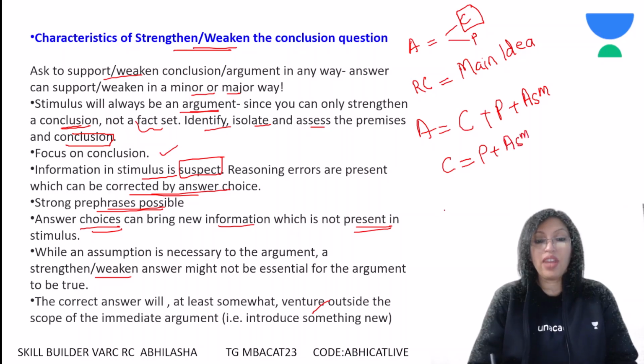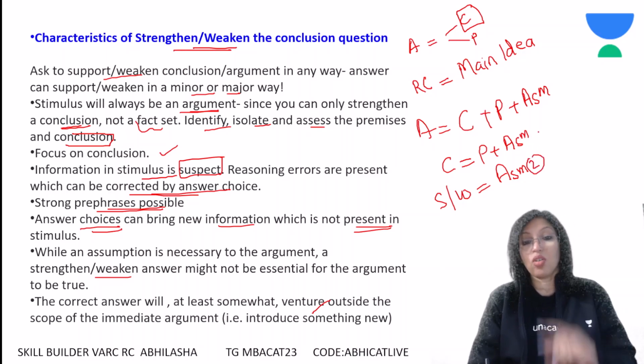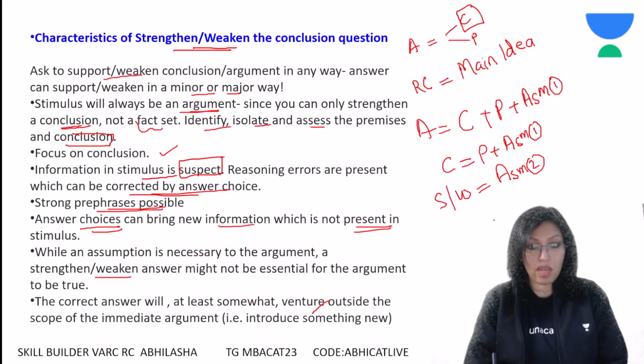And when we strengthen or weaken, we find another assumption. This is assumption number 2. This assumption is not necessarily the same as the original assumption, or assumption 1, that is given in the passage. So these are two different assumptions.